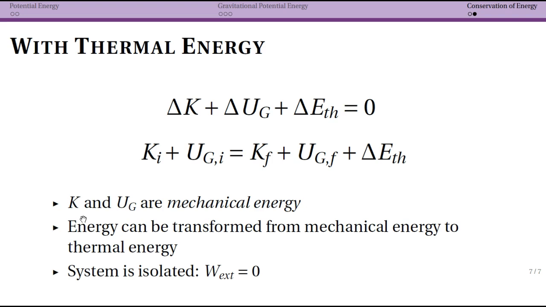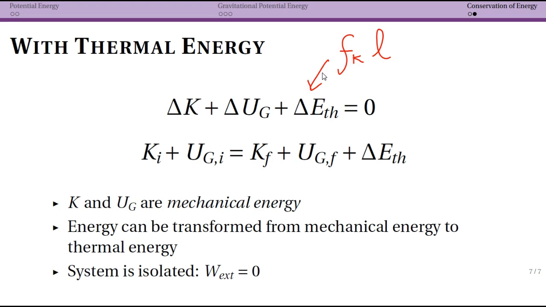So it's important to remember when we talk about mechanical energy, we're talking about kinetic and potential energy, and thermal energy is still an energy in our system, but not mechanical. The other thing to remember is that when we talk about thermal energy, we always talk about a change in thermal energy because all of our surfaces still have some thermal energy to begin with.